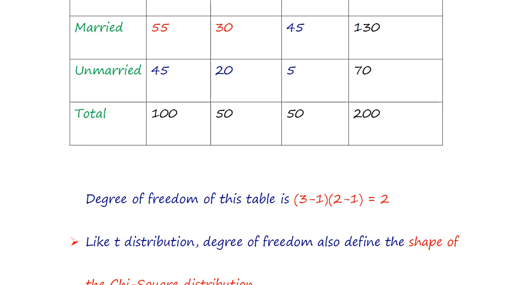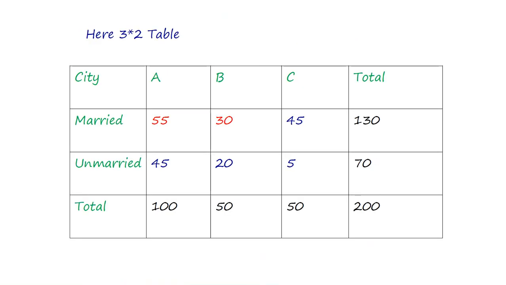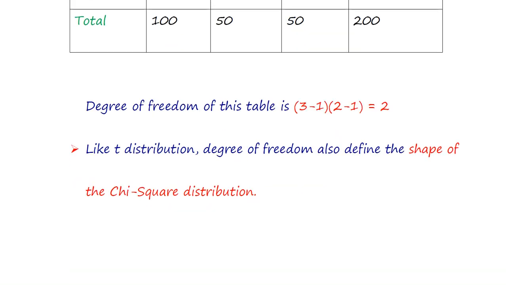This cell cannot vary. 130 minus 30 minus 55, this will be 45. Similarly 50 minus 45, this will be 5. So these all blue observations are fixed. These all observations are not free to vary. Only two observations are free to vary.